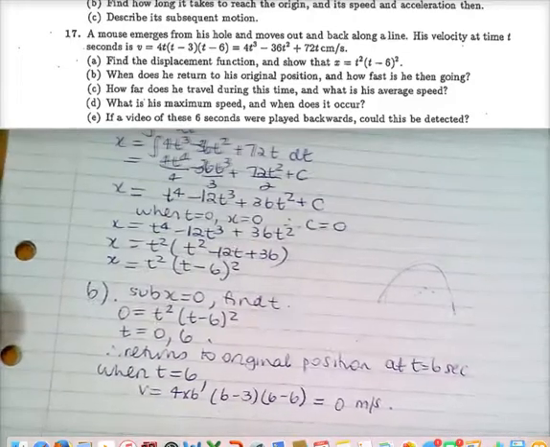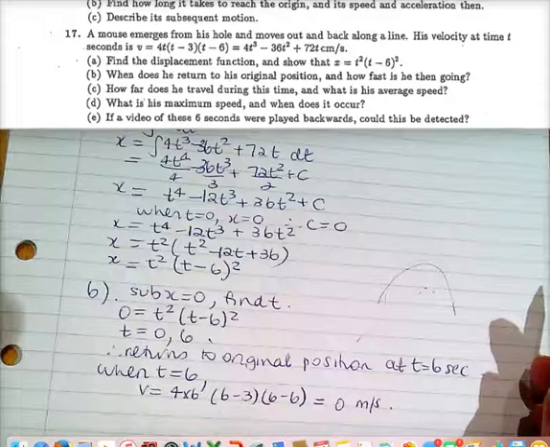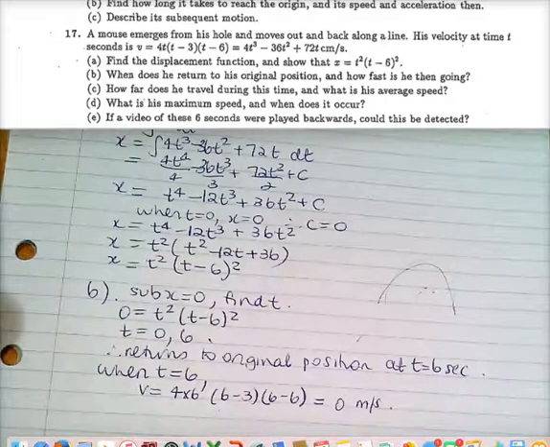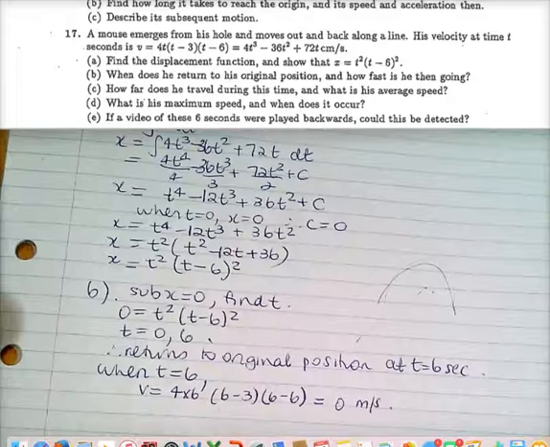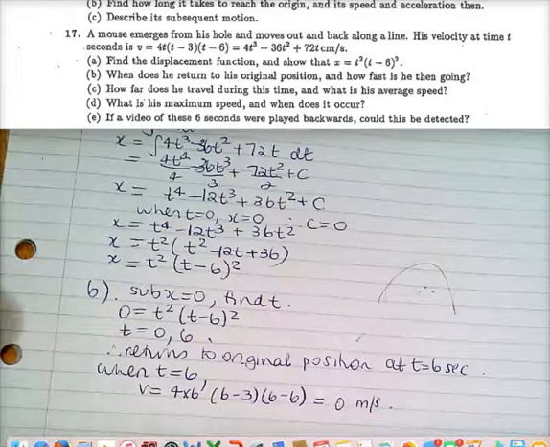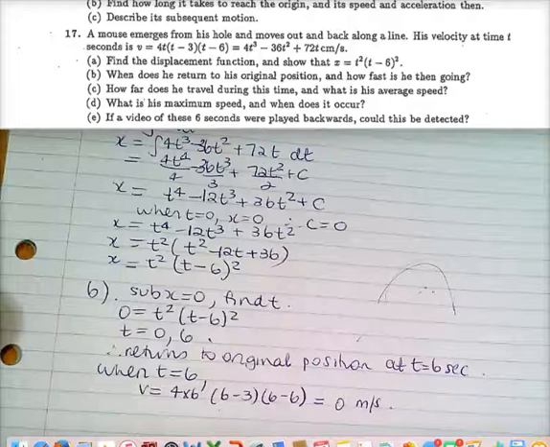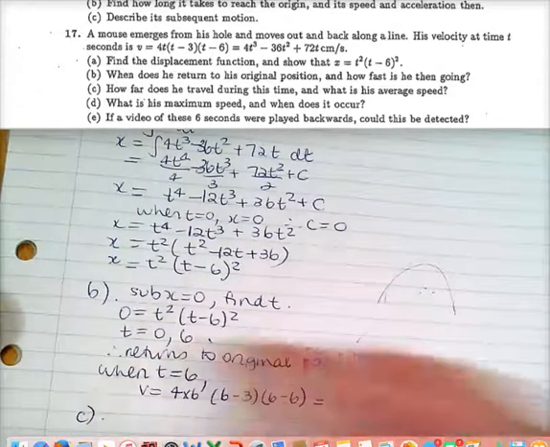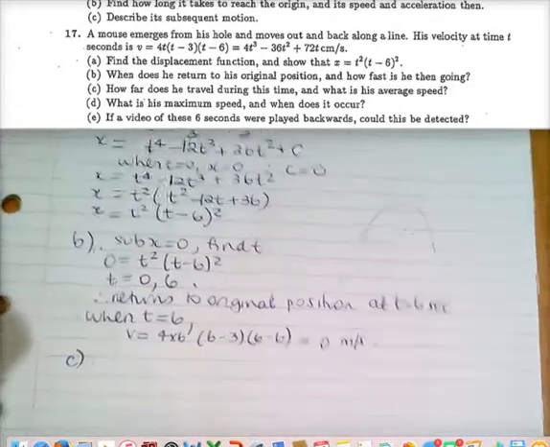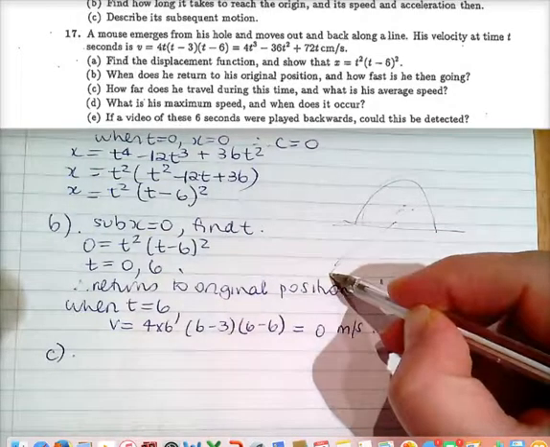Okay, so it says how far does he travel during this time. Now displacement, or distance travelled, sorry, is the integral of the velocity curve, and we have got a formula for displacement. So this mouse is doing, he's started here at his hole, he's come out, he's stopped, and he's gone back.